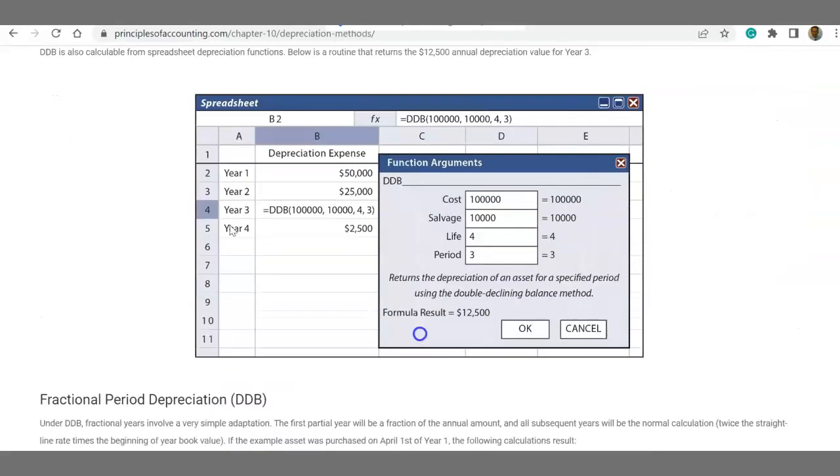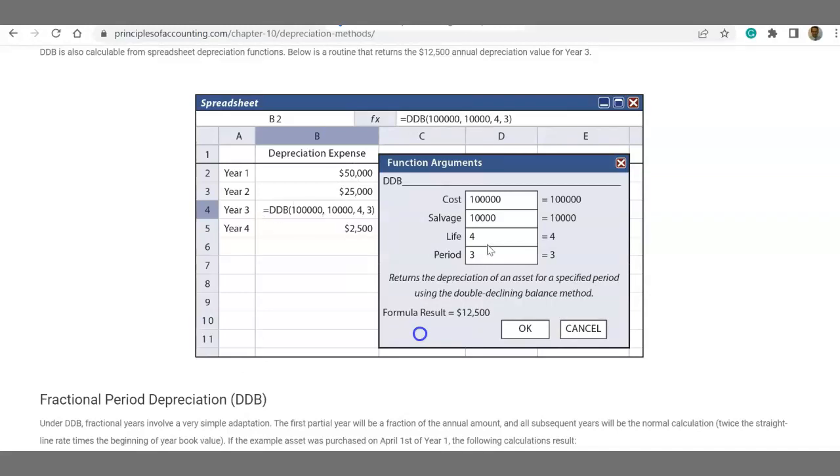And this is the spreadsheet again. As soon as you go to the DDB function in your Excel document, that will give you this window, and then you enter the information inside. And it will calculate the depreciation using Excel.